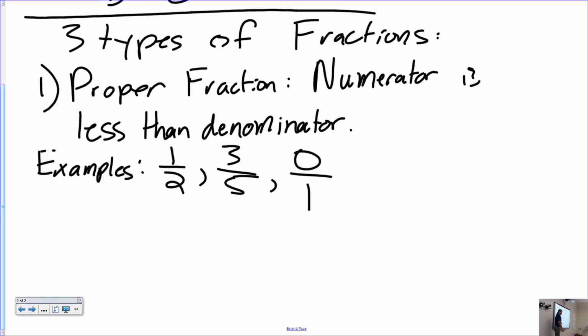It's just weird, right? It's perfectly okay. It's even a proper fraction, right? It's just another way of writing 0 as a fraction. It's okay to have a 0 in the numerator, not the denominator. All right? And of course, you can have weird ones like 313 over 4,122, whatever.